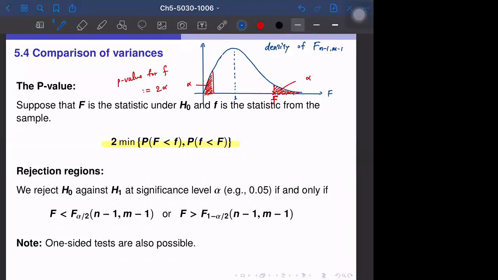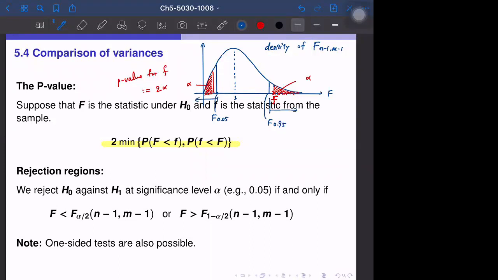For example, for a 10% level test, if we have this 5th percentile, F sub 0.05 with degrees of freedom n-1, m-1, and this is also the 95th percentile, F sub 0.95, then the rejection region at the 10% significance level is this range and this range.